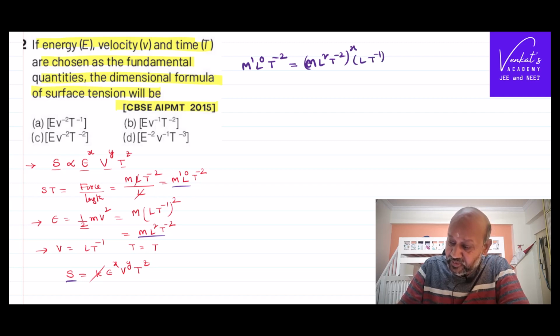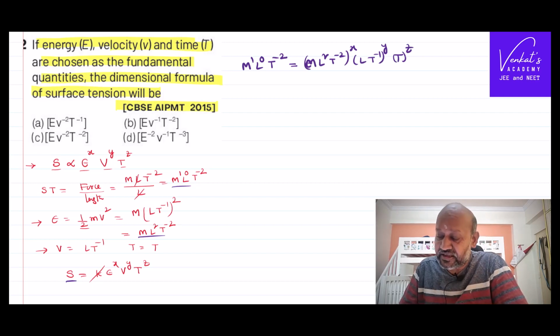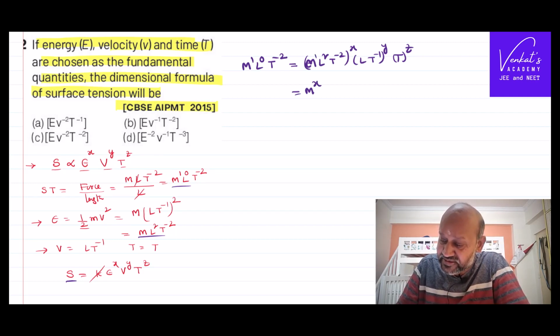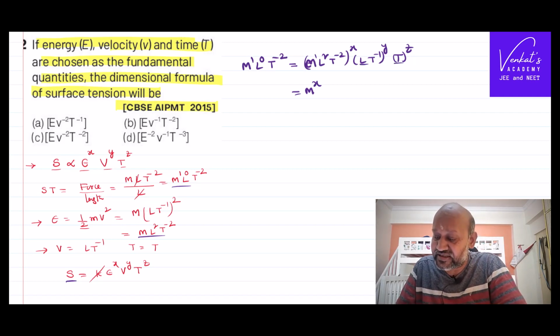Velocity, L T power minus 1, whole power of y, time power of z. Let us rearrange the terms such that we write all mass dimensions at one place. Here M power 1, and on the right M power x. Here there is no M, so M has the dimensions of x on right hand side.